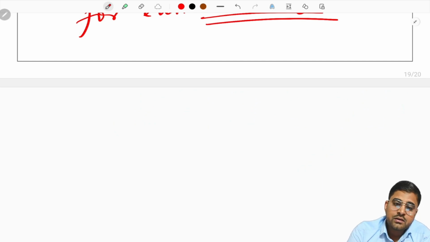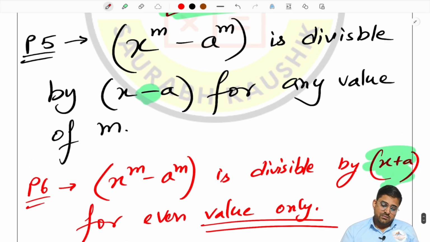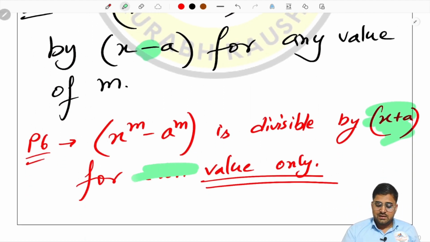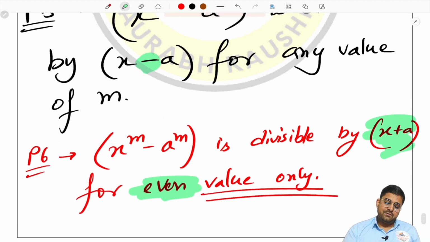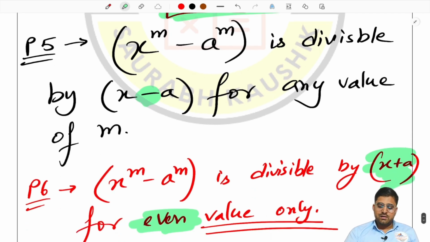These are the most important ones. Please remember, here the only catch is the even value. For the positive one you have to choose the even value. For the negative one there is no compulsion, any kind of expression. If there is negative, no issue at all, you can divide them.